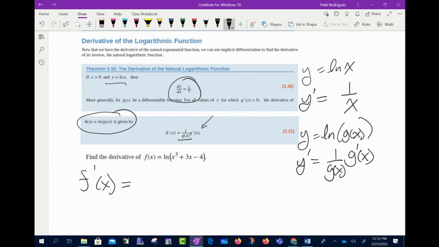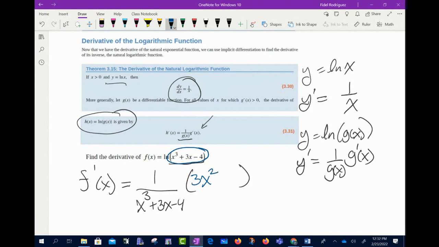It's going to be 1 over whatever this is here, x to the third plus 3x minus 4, times the derivative of what we have inside. We already know the derivative of x to the third, everyone agree, is 3x squared.